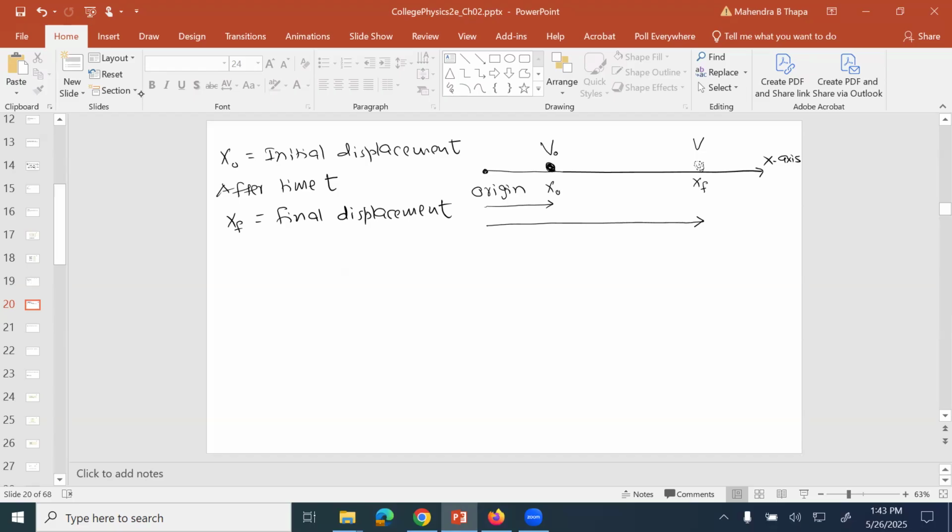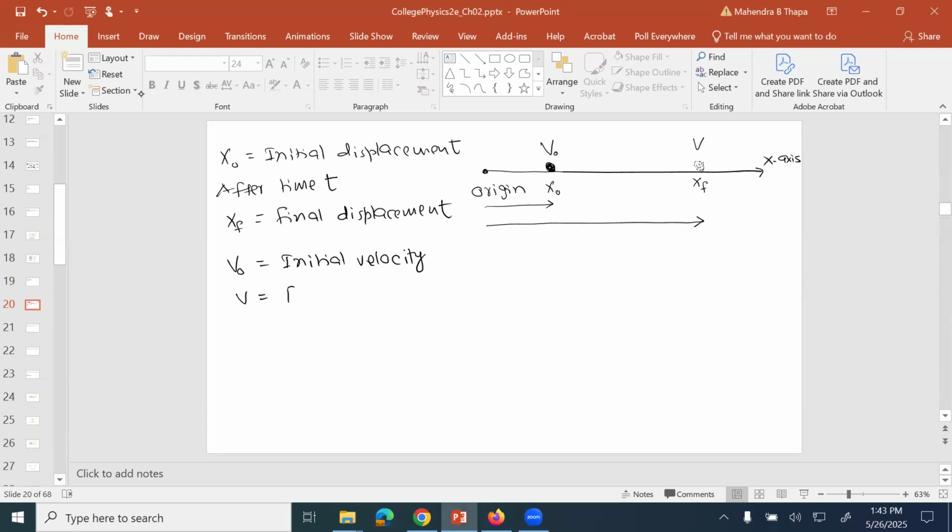Let's say v naught is the initial velocity at that point. Now let's say v or v final, both symbols you can use.